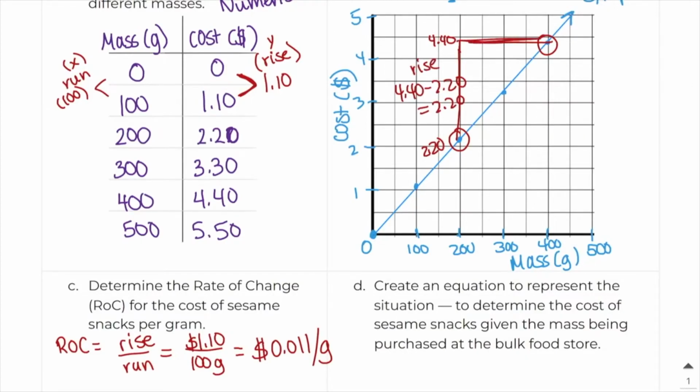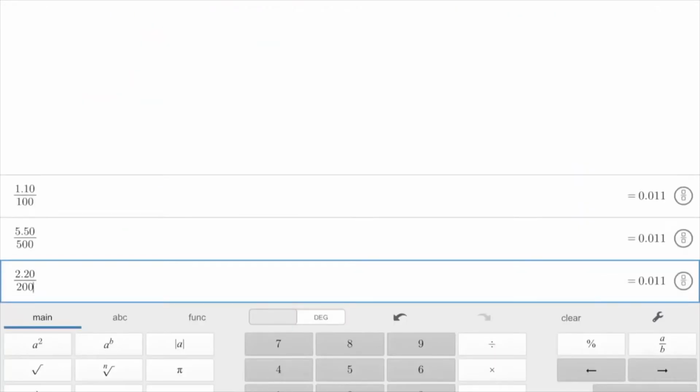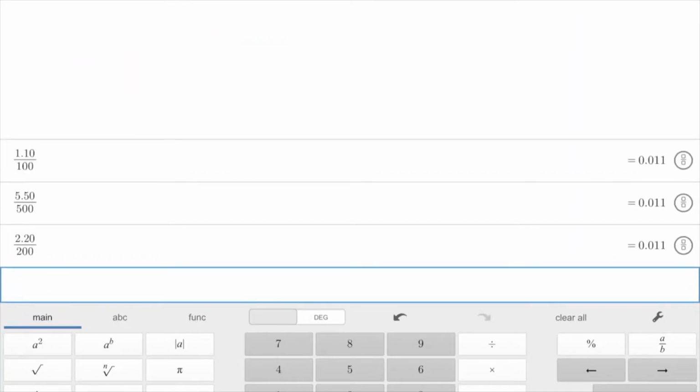And then the run goes from 200 to 400. Right here is 200, right here is 400. So 400 minus 200 is equal to 200 grams. So I would just do $2.20 divided by 200 grams. And I still get that 0.011. So it doesn't matter how you want to do it, you'll still get the same answers.